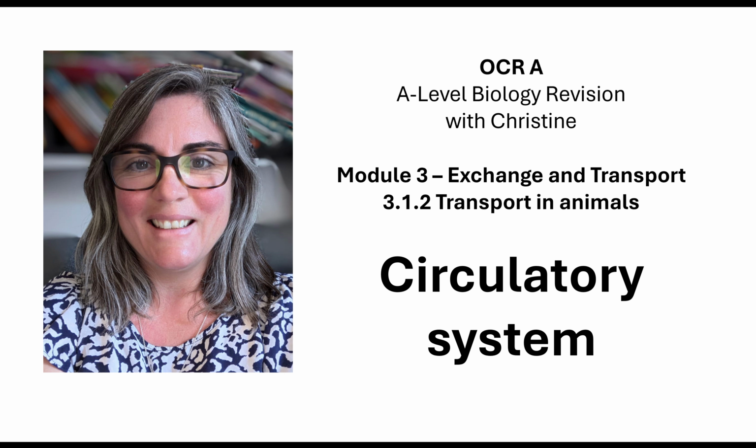Today's lesson is going to look at the circulatory system and the difference between insects, fish and mammals. So the first thing we need to discuss when it comes to circulatory system is that this is a transport system. So we need to talk about the transport medium. Now, the transport medium in most organisms is normally water based and therefore it has lots of dissolved substances in it.